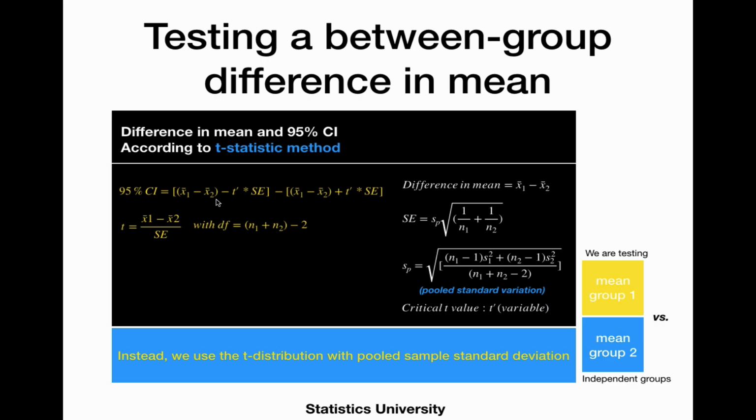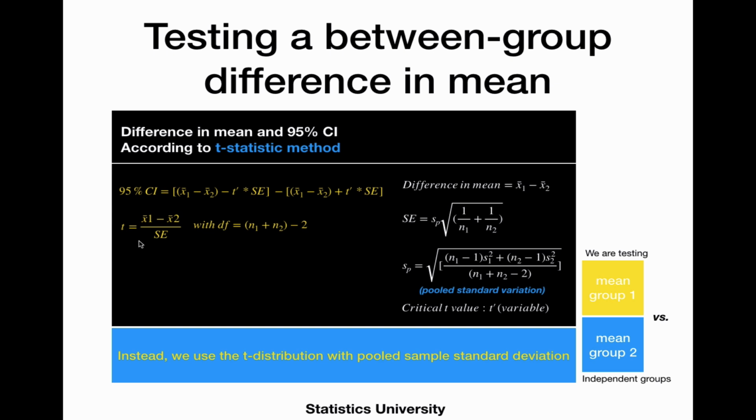We take the group mean difference, and then subtract the critical t-value, which we can look up in the table at the number of degrees of freedom that are applicable to this situation, times the standard error, and then we do the same for the upper boundary plus this term.